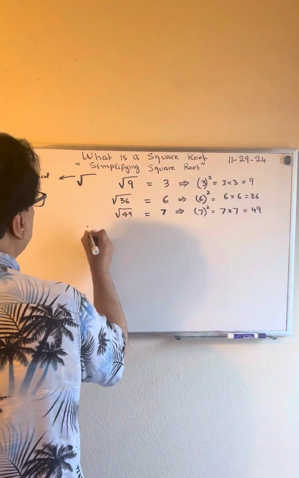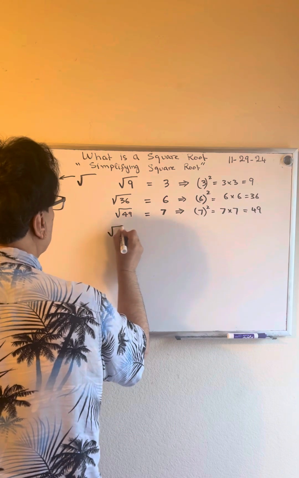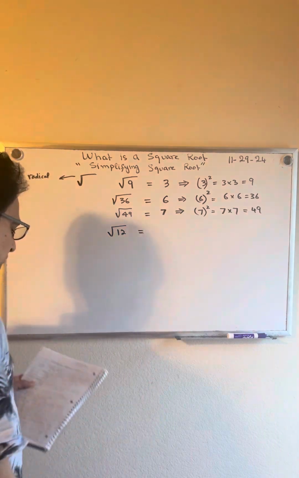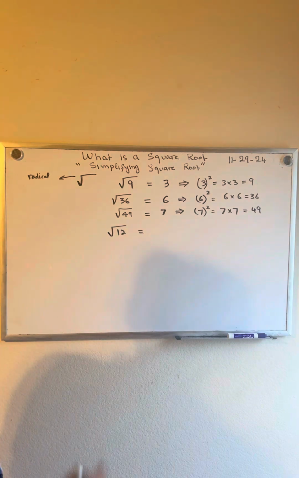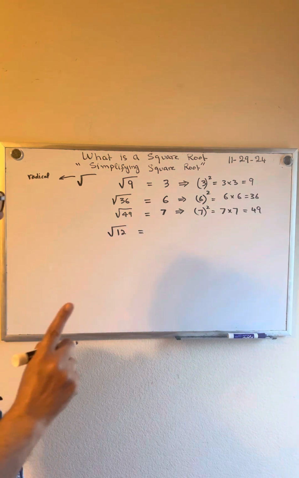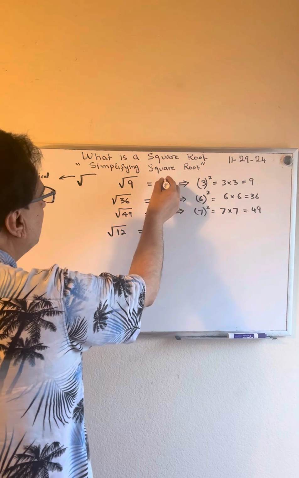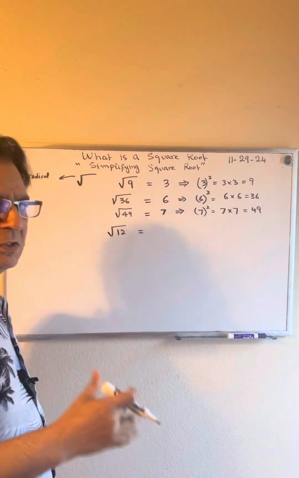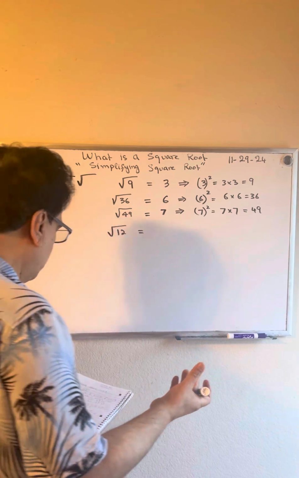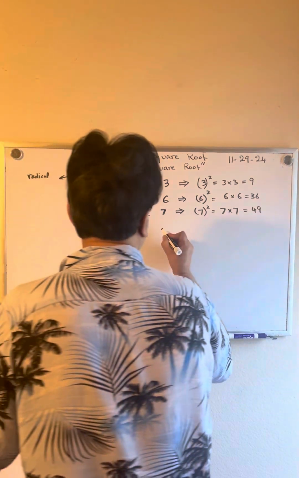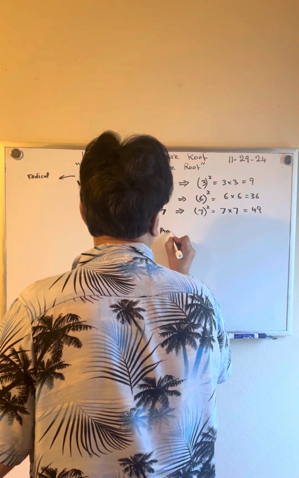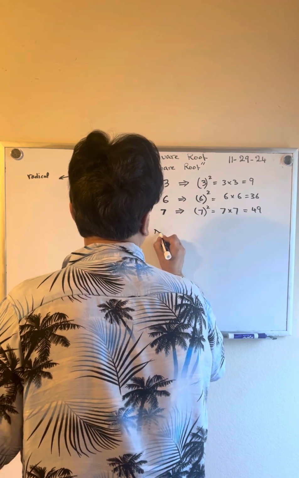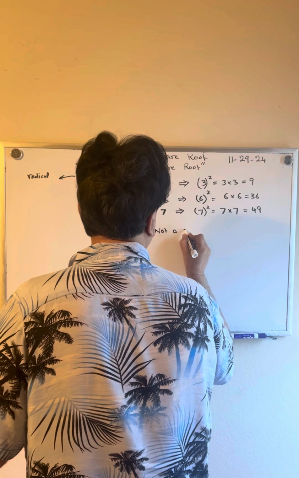What would be the square root of 12? How would you find that? Well, the answer is not going to be a whole number, like in this case 3, 6, 7, which are whole numbers. The answer is going to be a decimal number. It is not a whole number.